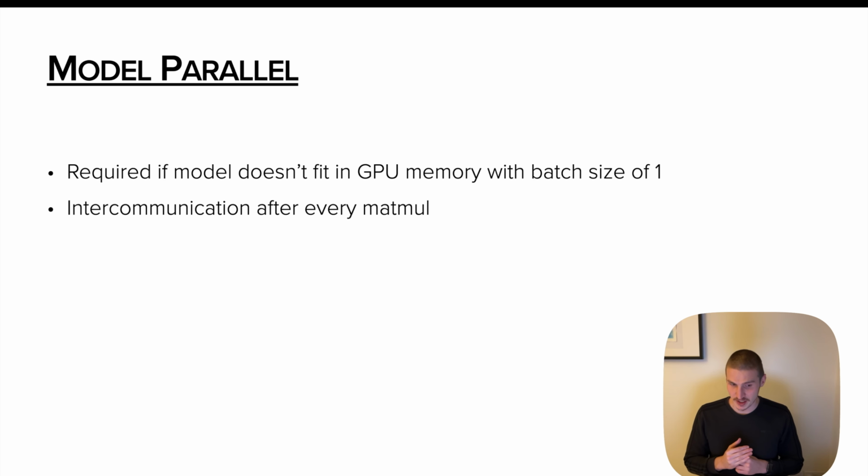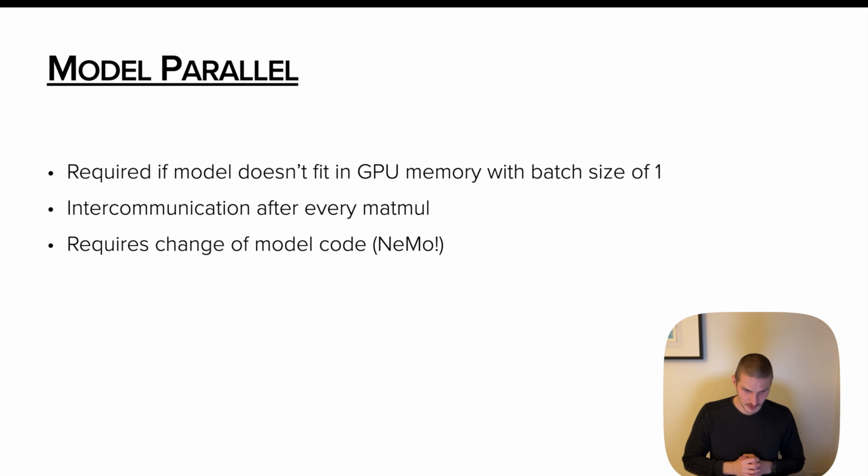We need intercommunication pretty much after every matrix multiplication. And in a typical transformer, there is a bunch of them per layer, like 5 or 6 of them per layer, and there's a lot of layers. So the total amount of synchronization steps per gradient descent step is going to be much greater. So it's basically slower, it's harder to make that work effectively.